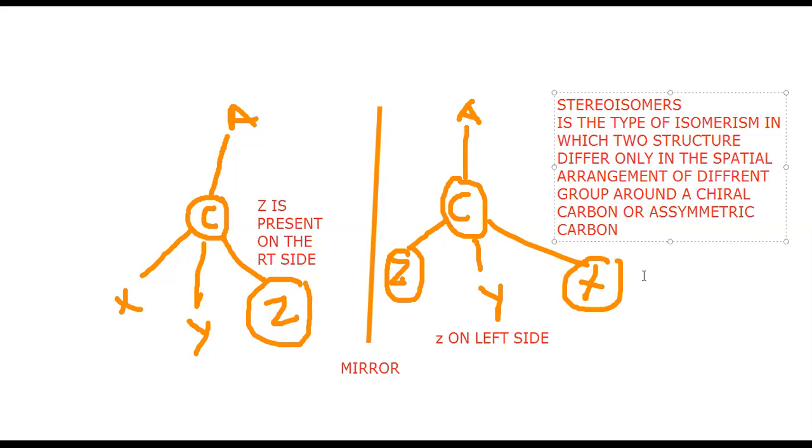And there's a special class of stereoisomerism which is called enantiomers. Enantiomers, what are they?